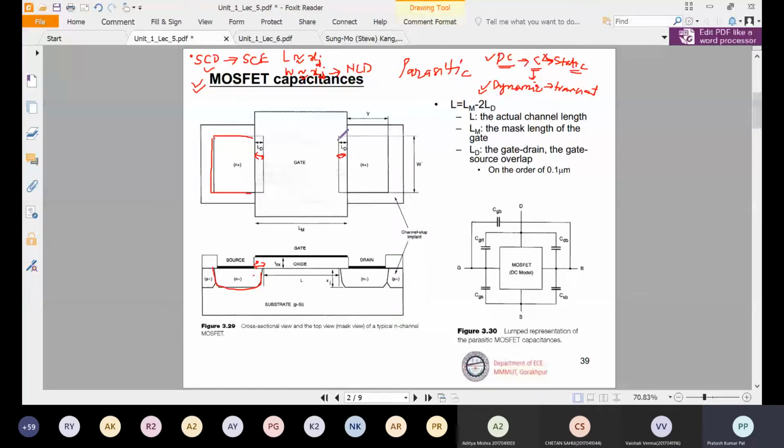Along with that, we use some channel stop implant. This highly doped p-type region is called the channel stop implant. It will be on both sides, the source side and the drain side. What is the purpose of this channel stop implant?